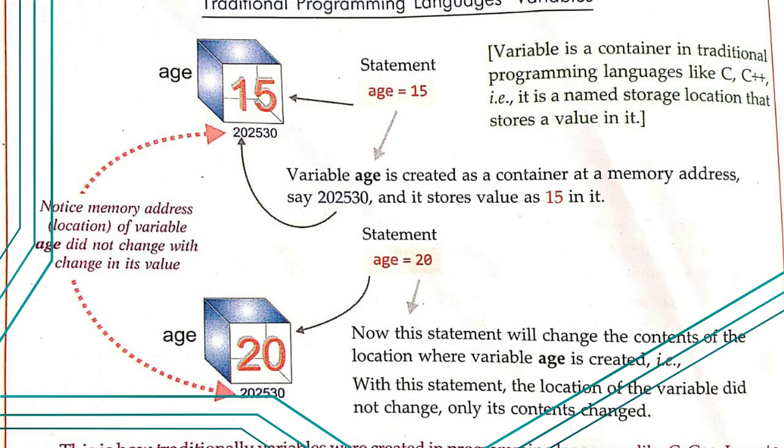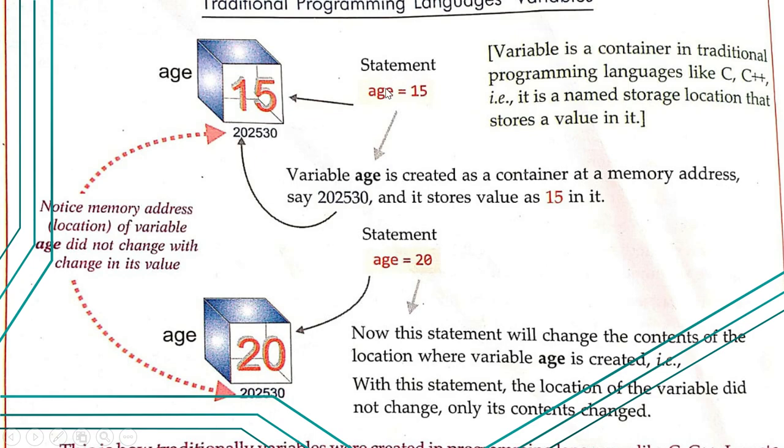So let's have a demonstration of C++ and Java. In C++ and Java, a variable is known as a named memory address. When we declare a variable, it is the name of a memory address. Let's suppose we have declared the variable age. So this age is the name of 202530, which is the memory address.